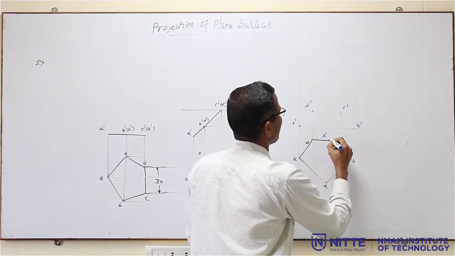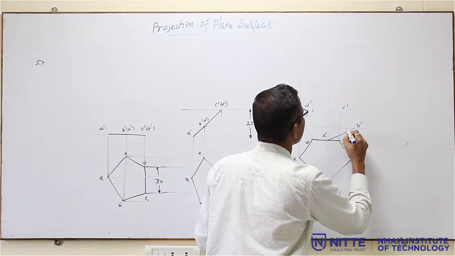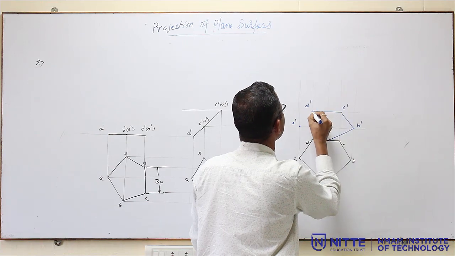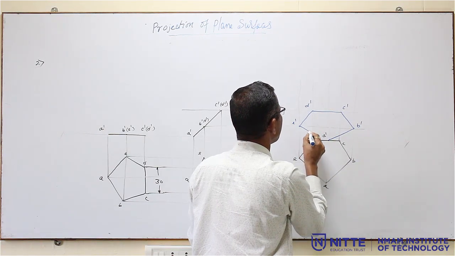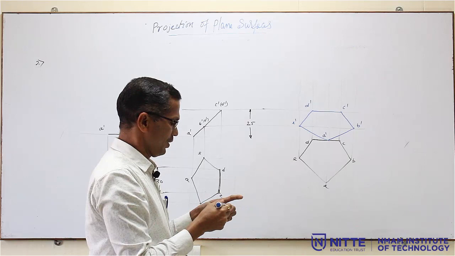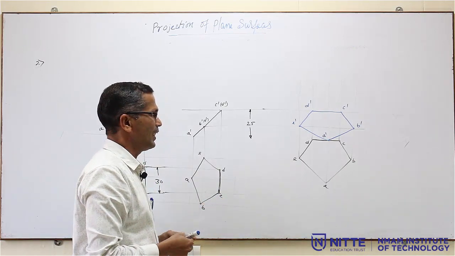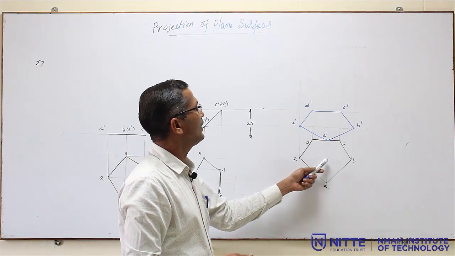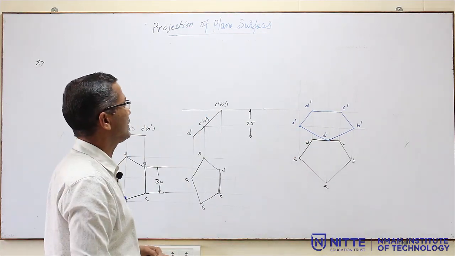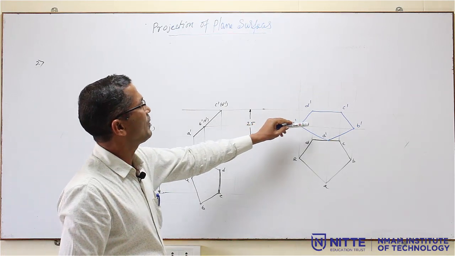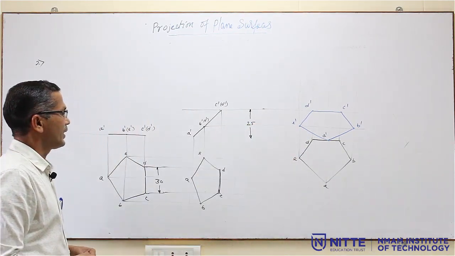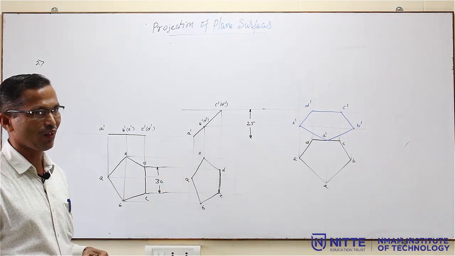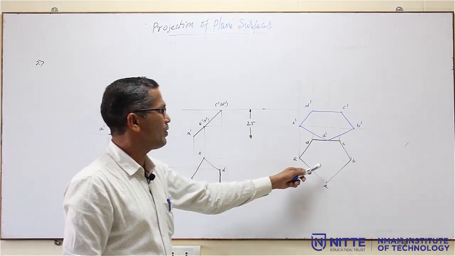Join all the points. So this is the final view, A dash, B dash, C dash, D dash and E dash. This pentagon is the front view and this is the top view. When the given condition is satisfied, it looks like this: this is the front view and this is the top view, when one of the sides is 25 mm above HP and it is resting on one of the corners. So the front view and top view look like this.